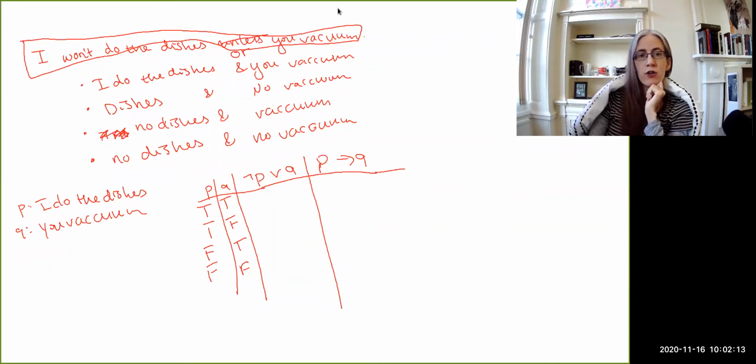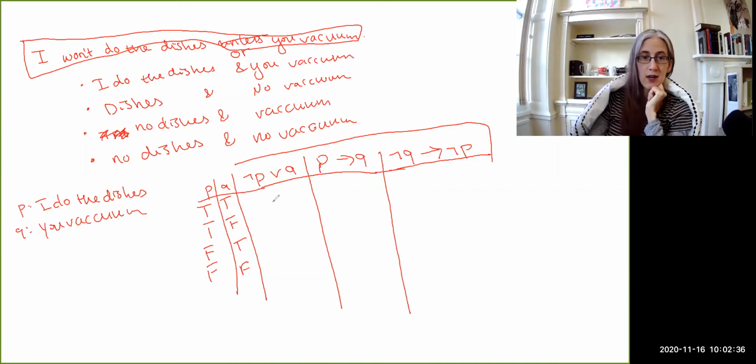You can turn your promise into a threat by saying, well, if you don't vacuum, then I won't do the dishes. So this is also equivalent to this disjunction. It's just that I put the negation on this one and made it the antecedent. So all three of these are logically equivalent. They all have exactly the same truth value.